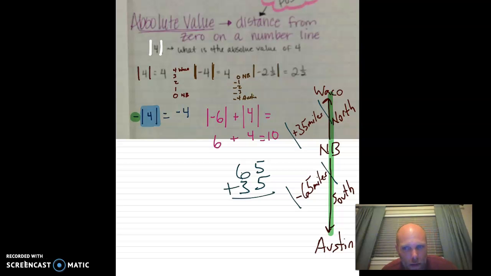So if we were to combine those to find out the total distance from Waco to Austin, just add them up. And it's 100 miles. That is exactly like this problem right here. Even though it's negatives and positives, it doesn't matter. Whenever we're doing absolute value, it's just how far. Absolute value will help us with adding integers, which is what we're going to do next.